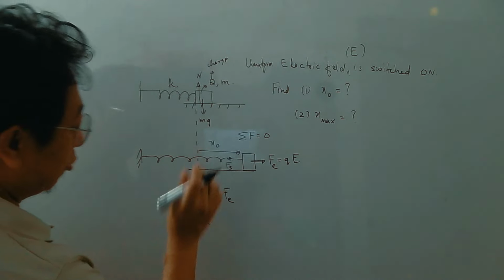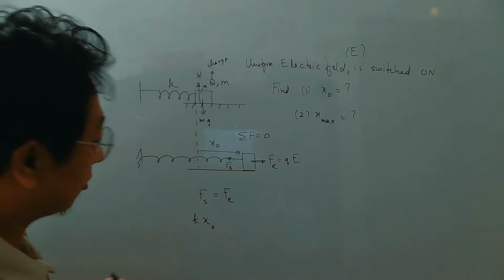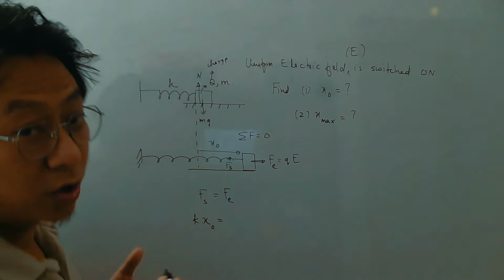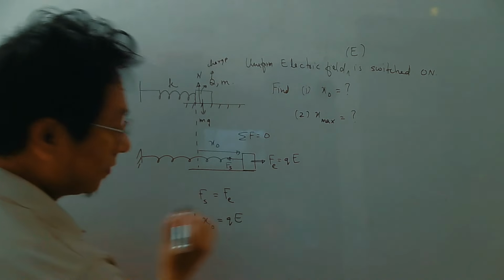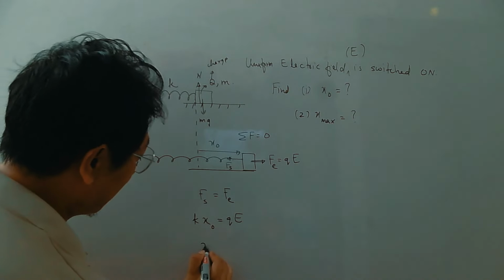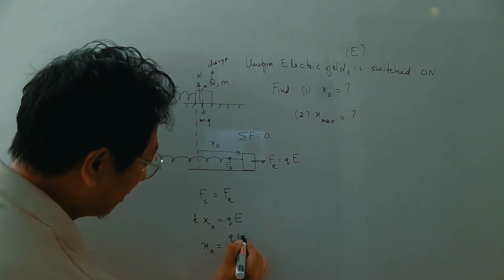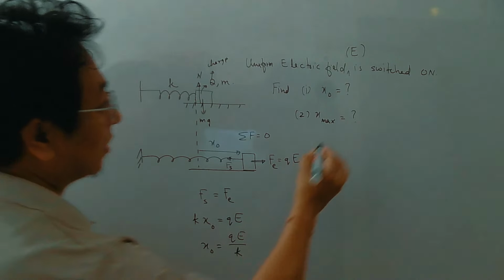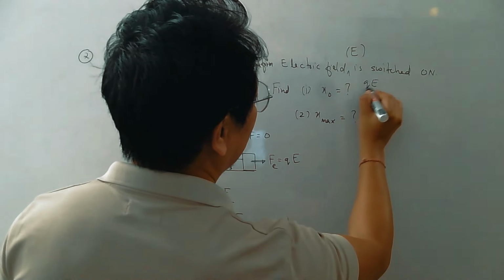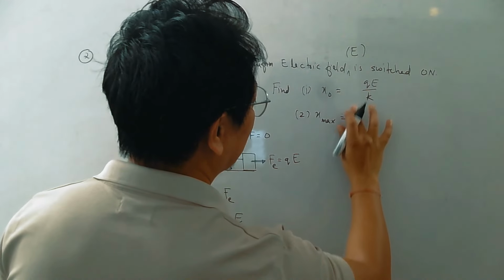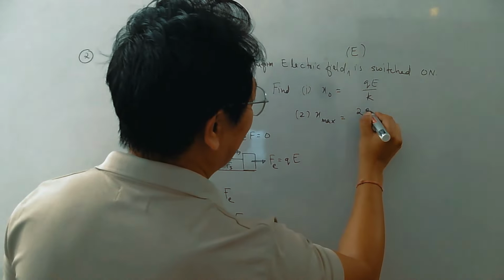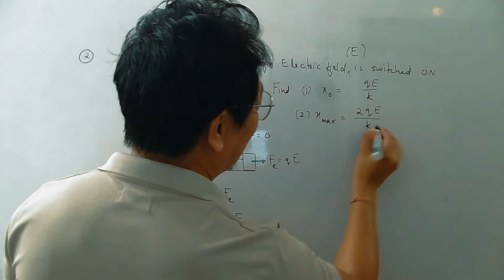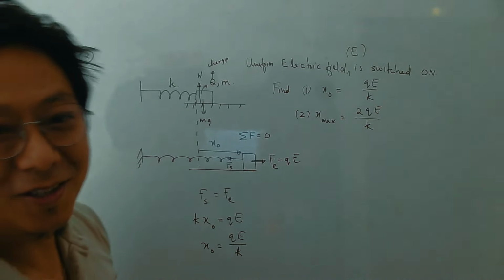Right now we want equilibrium extension, so Kx naught, and now the force is no longer mg, that mg is replaced by Qe, right? So what will be the equilibrium extension? Qe by k. So the answer of this is Qe by k. And if I ask you what will be this, without wasting time, twice of this, right? And you can try to prove this using work energy theorem.